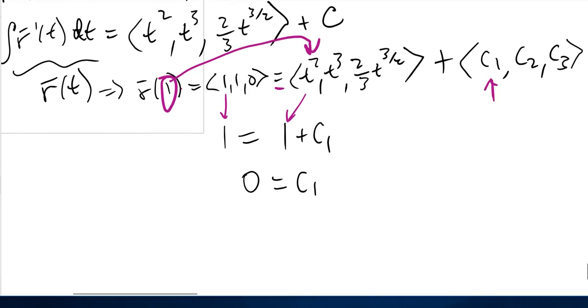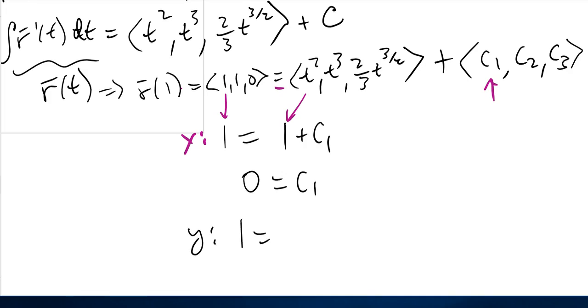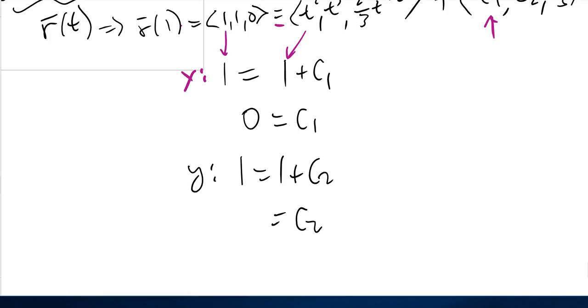Now let's do it for the y component. So this was x. So now y is 1 equals t cubed. This t cubed, we plug in 1, we get 1. 1 equals 1 plus c2. Well, that implies then that c2 is 0.